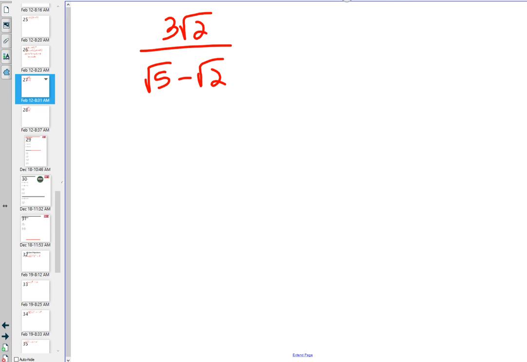What else this year have we rationalized, or I guess last year, with complex numbers, with imaginary numbers. Those were also binomials, two terms. Who remembers how we rationalized complex numbers?